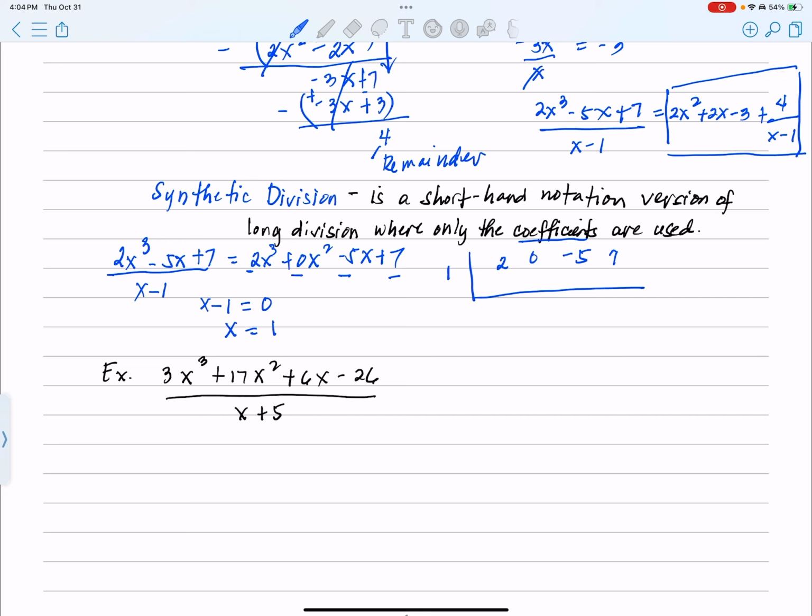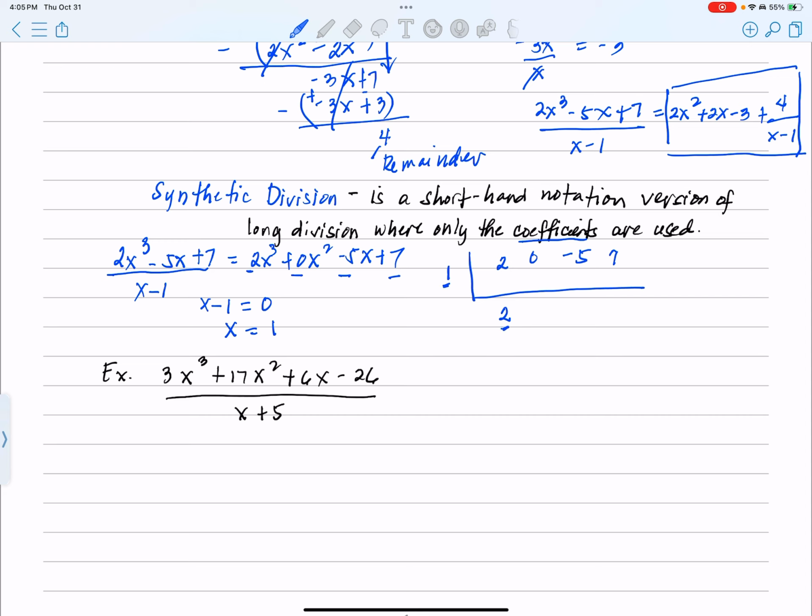Okay. Now, there are steps also. The first step that you do is bring down the first coefficient. Then multiply the first number below the table by the number outside the table. So I bring down the first coefficient here. After doing that, I multiply 2 by 1.